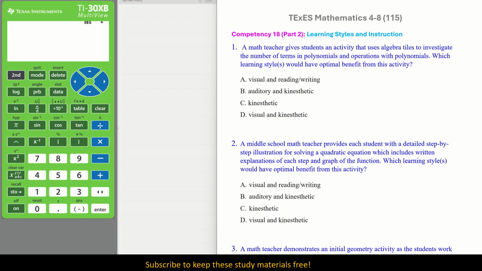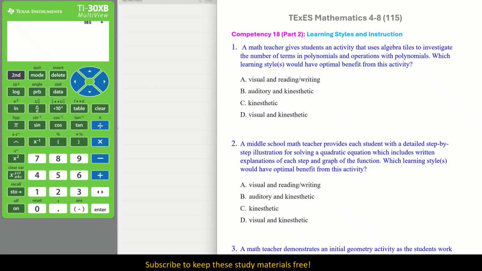Number 1, a math teacher gives students an activity that uses algebra tiles to investigate the number of terms in polynomials and operations with polynomials. Which learning styles would have optimal benefit from this activity?